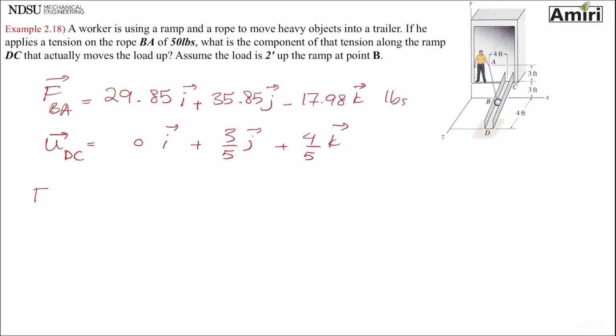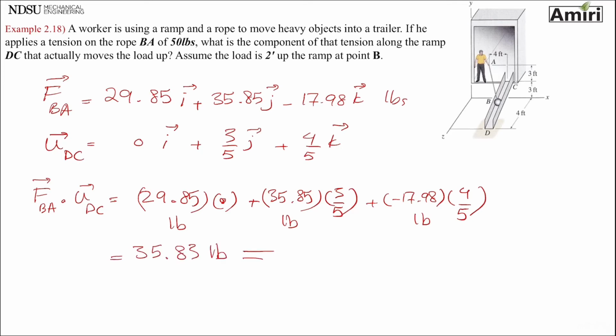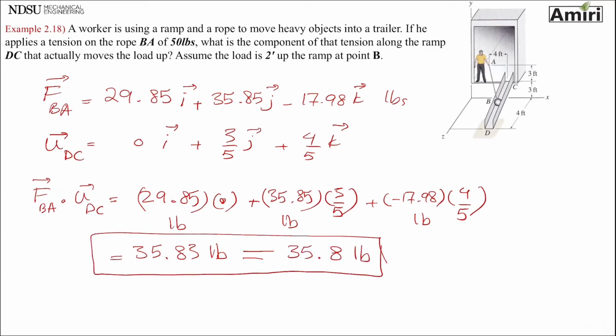So in the dot product of these two, I goes with I, there's no I component. 35.85 goes with 3 over 5, and 17.98 goes with 4 over 5. The unit on the first one is pounds. The second one doesn't have any unit. So the final number is going to be 35.83 pounds. With 3 significant figures, 35.8 pounds is the final answer.